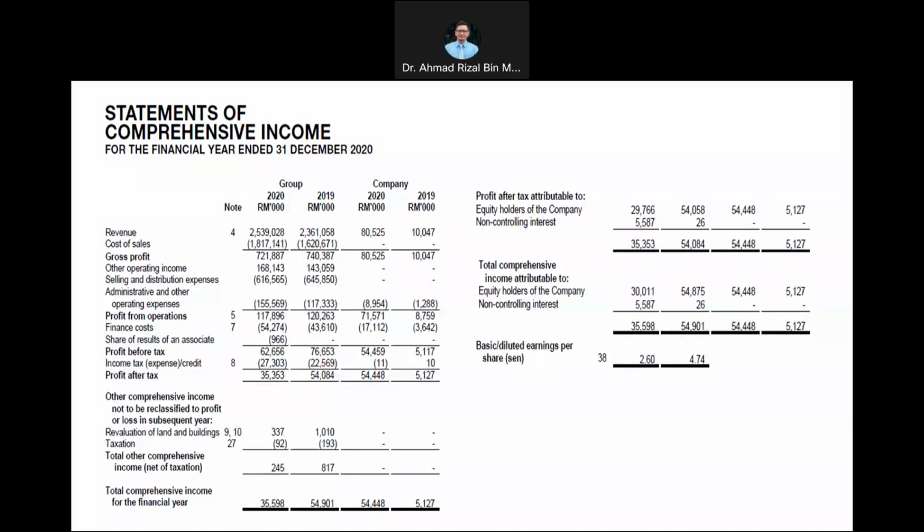This shows that for every 1 ringgit they generate in revenue, 28.4 cents is their gross profit. So the cost of their sale is about 72%. Okay, so for every 1 ringgit, the cost of sales is 72 cents.